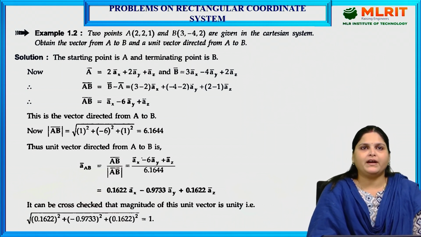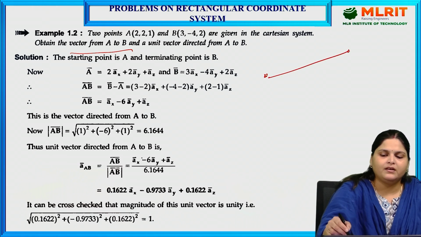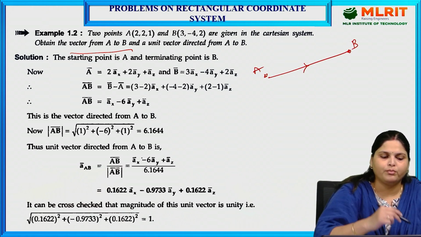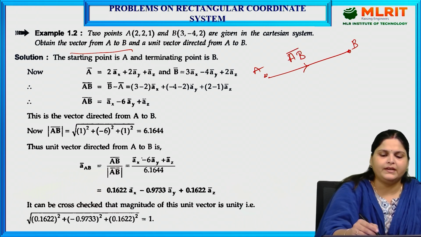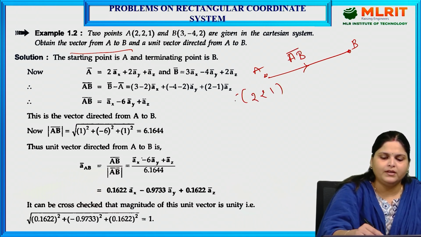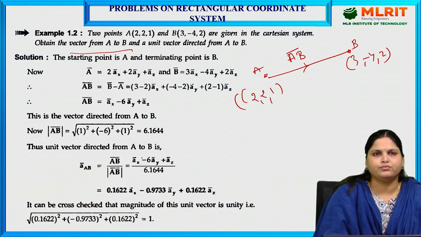Now what do we need to find? We need to obtain the vector from A to B. So basically we are moving from A to B, which means the direction is from A to B. We are finding vector AB. A is 2, 2, 1 and B is 3, minus 4, 2.